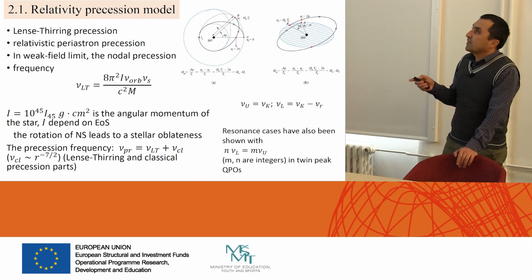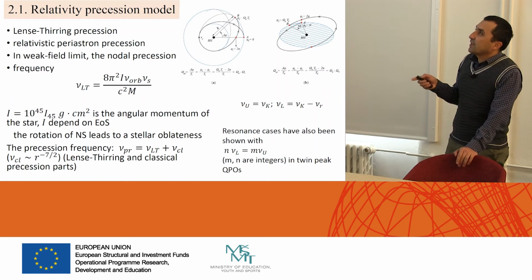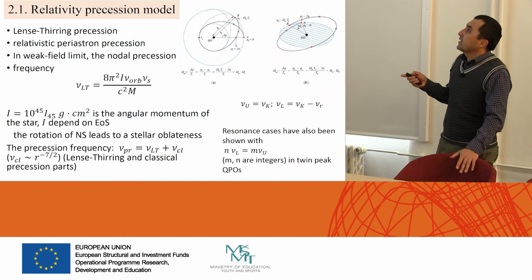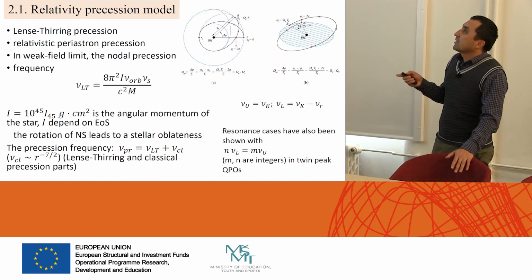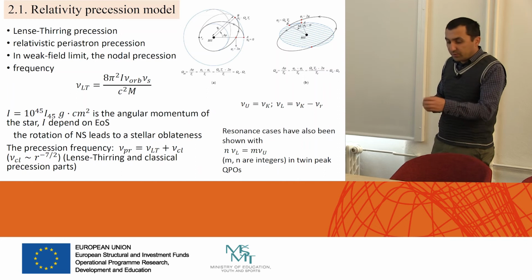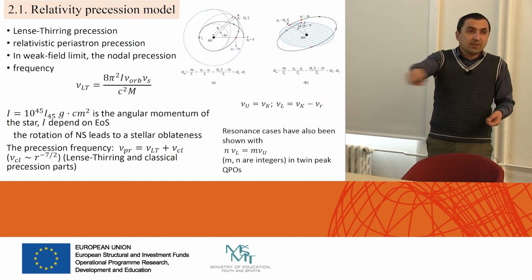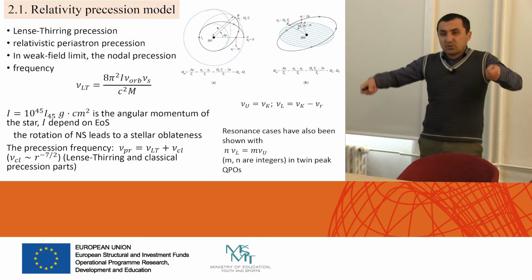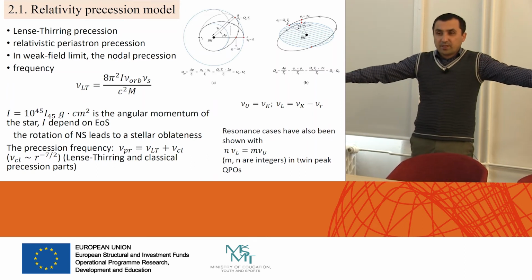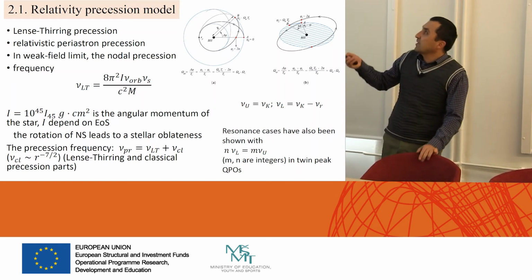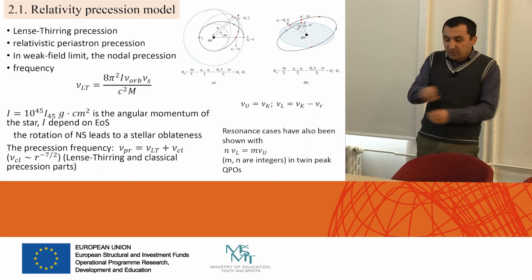So this is a view in the constant plane. Here we can see that even this central object, in this case the black hole, is shown. So if the central object is rotating, the plane cannot be constant, and the position of the equatorial plane changes depending on the spin of the central object.